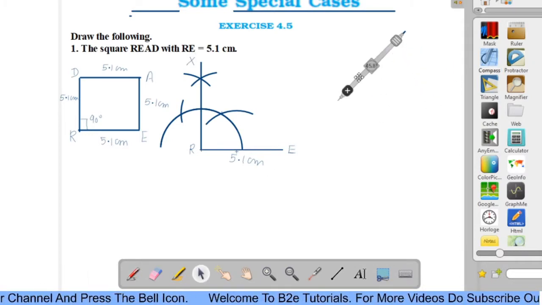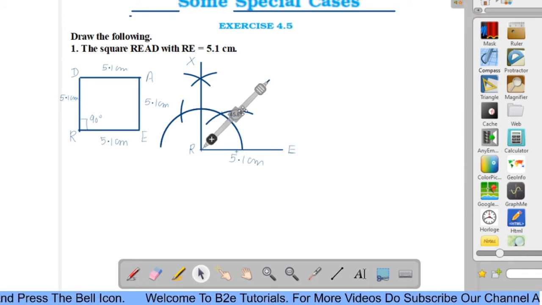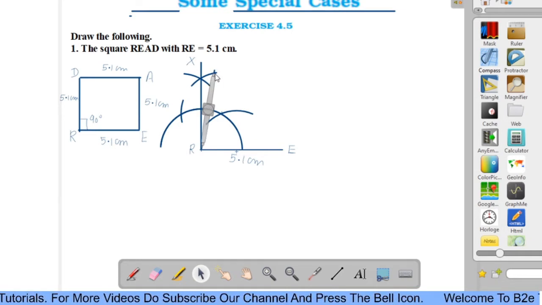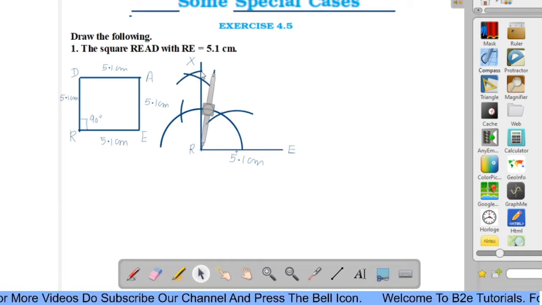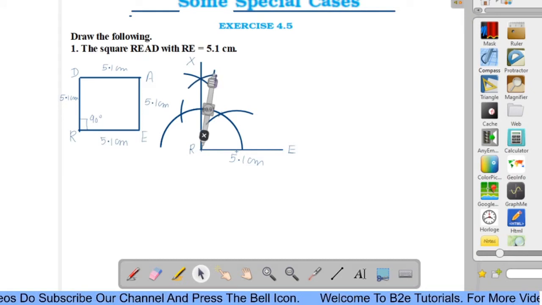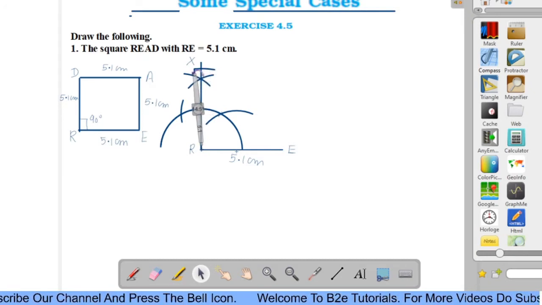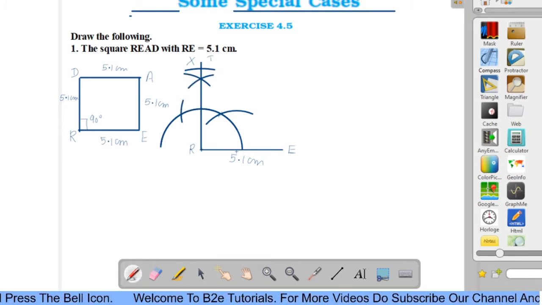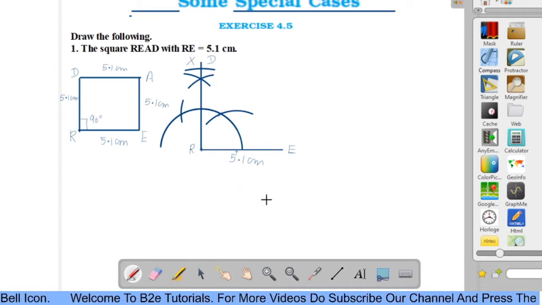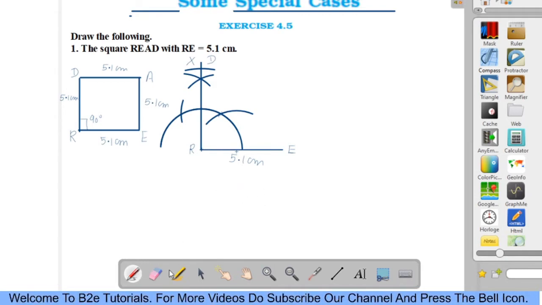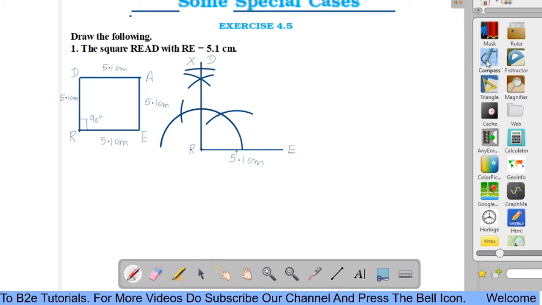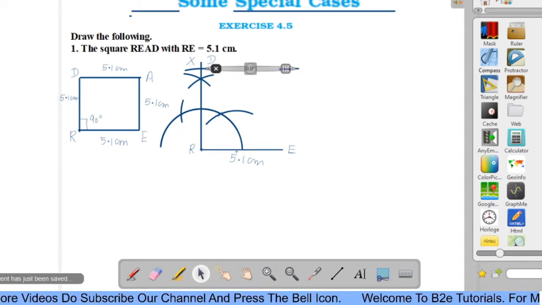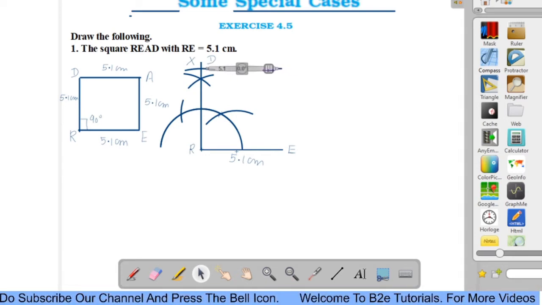Now with center R and radius 5.1 centimeter, cut an arc intersecting ray AX at D. Now with center D and the same radius 5.1 centimeter, cut an arc.